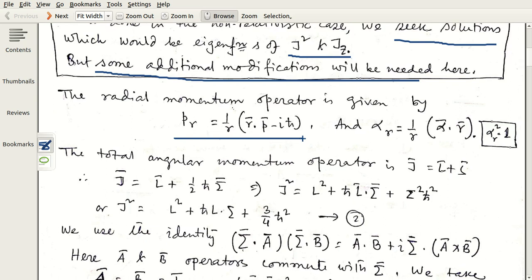That means r dot p, but as it is a quantum mechanical operator, it will be (r dot p plus p dot r) divided by 2, and then you just expand, you will find this relation, pr equal to 1 by r into (r dot p minus i h cut). And similarly, this one is the expression for alpha r, the radial form of the alpha matrix, alpha r equal to 1 by r into alpha dot r, and you can see that by squaring, alpha r square equals 1.